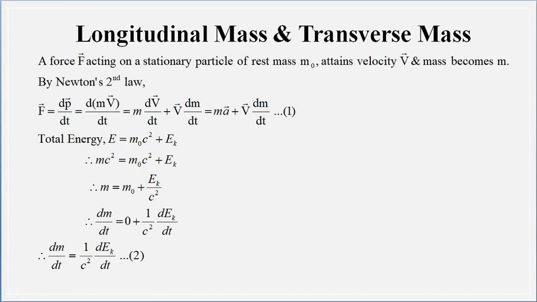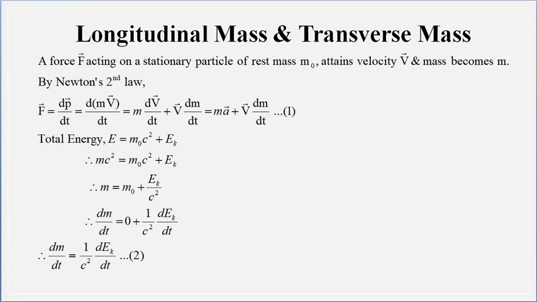So in Einstein's relativity, force and acceleration may not have the same direction. It is contradictory to Newtonian mechanics, where force equal to mass into acceleration and mass is constant. Here mass is variable, so we get one more term, vector v dm by dt. So the direction of force depends upon acceleration as well as velocity, and may not be the same as acceleration.